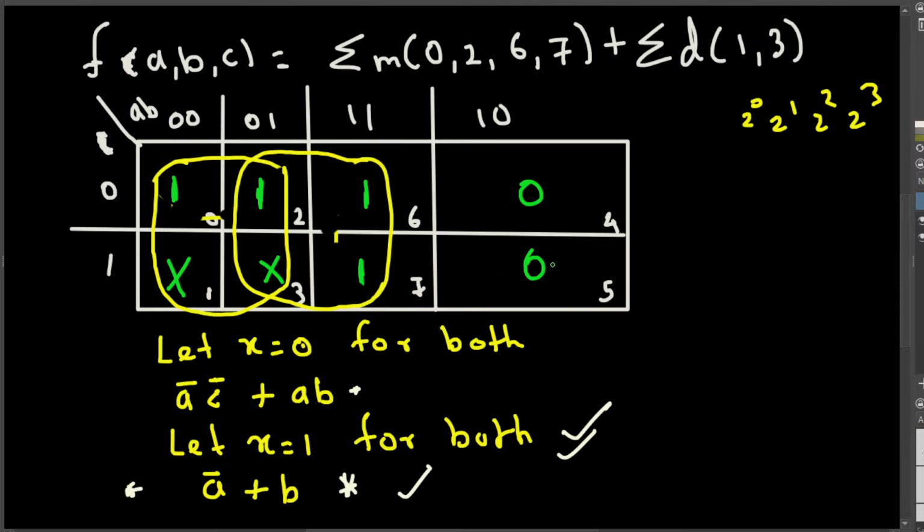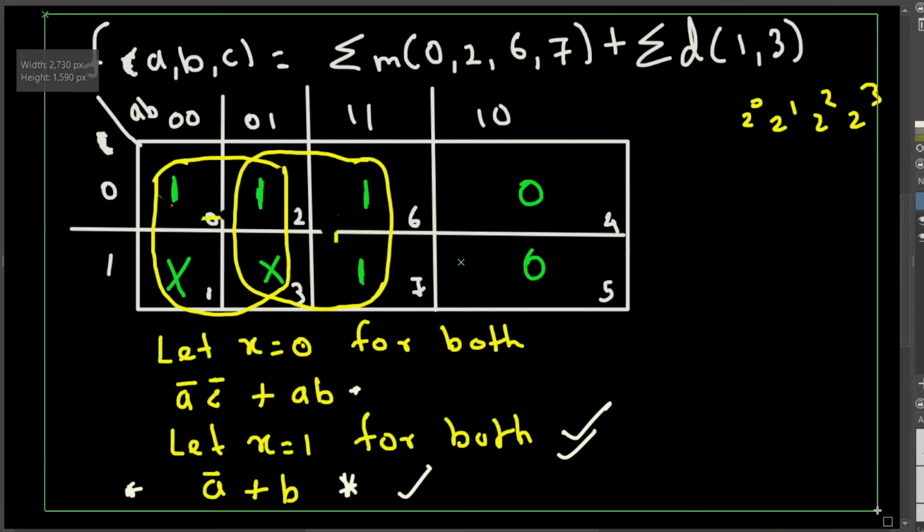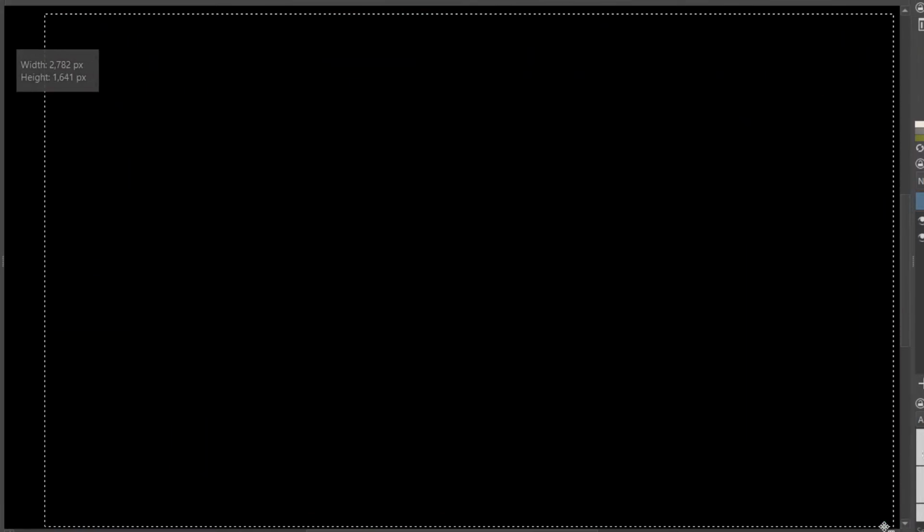Okay, now let's look at another example. Let's say we have an expression given like this: f of a, b, c, d.